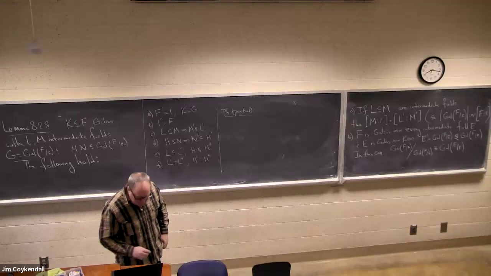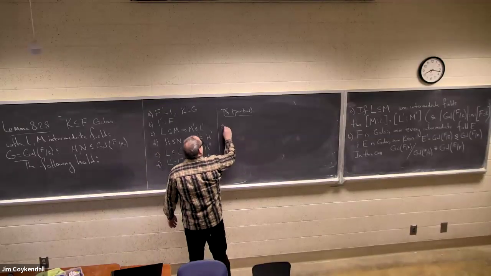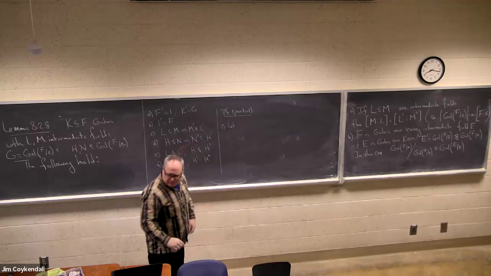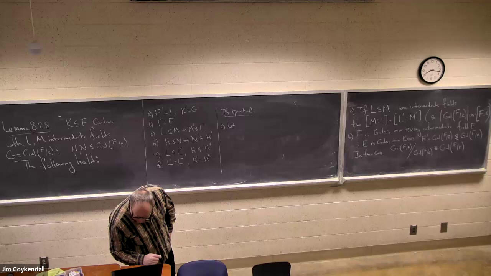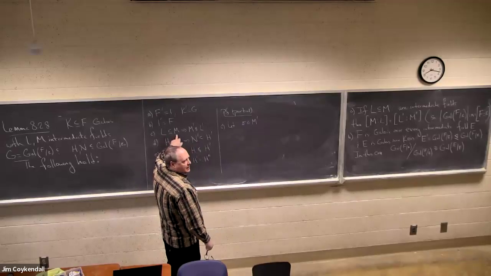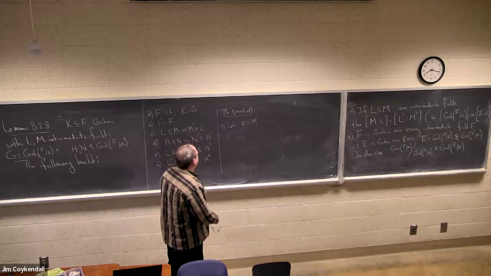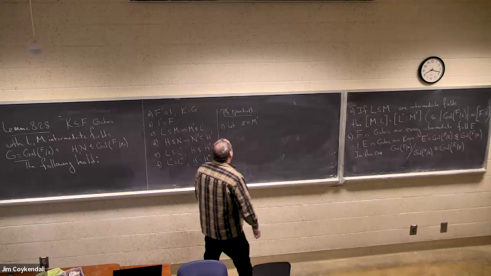Let's look at C. So we've got that L is contained in M. I want to show that M prime is contained in L prime. Well, what does it mean for sigma to be in M prime?